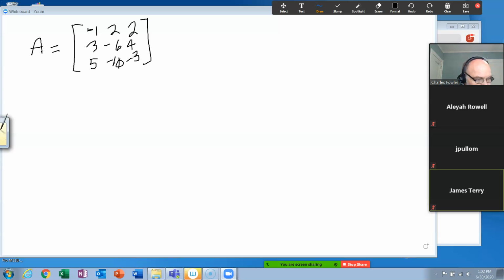Now, we want to find the determinant of A.